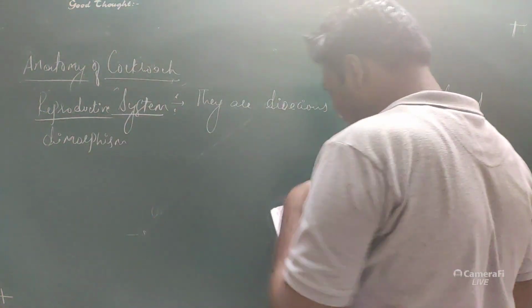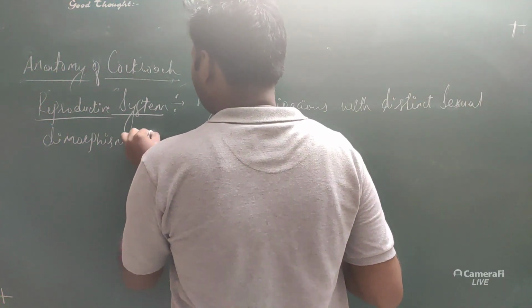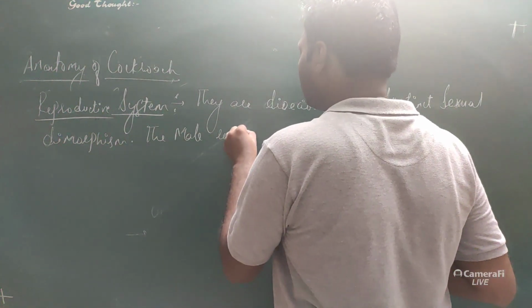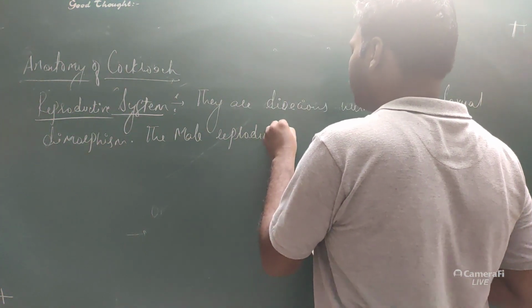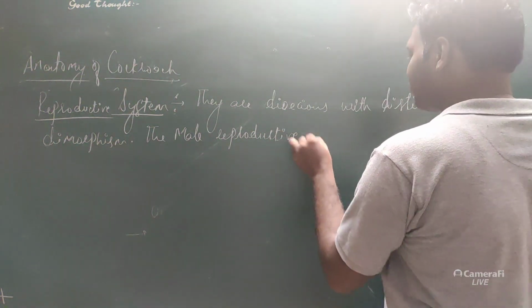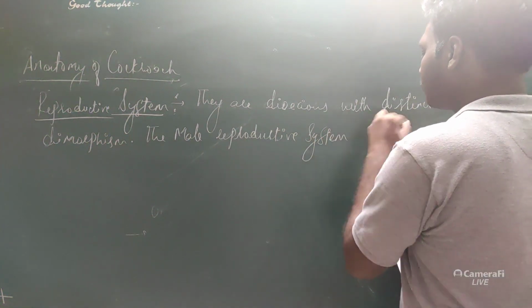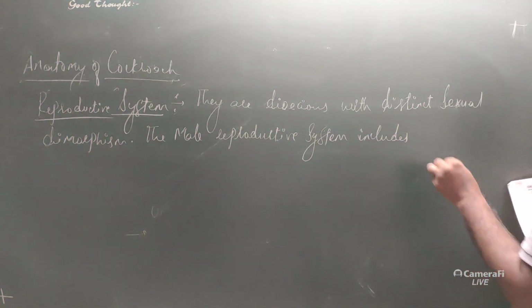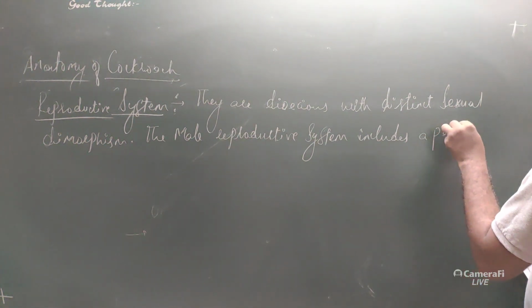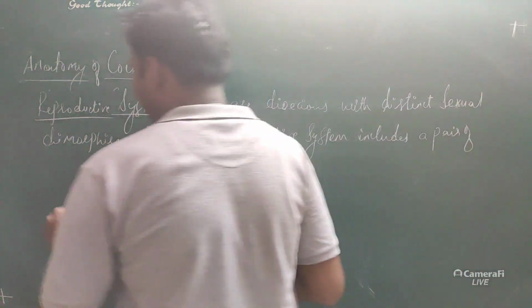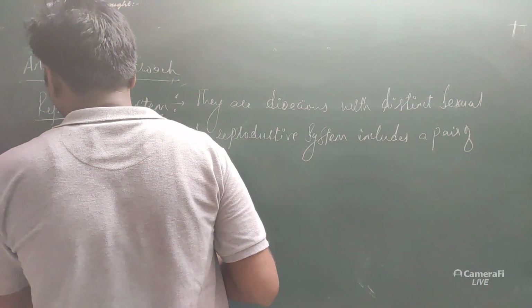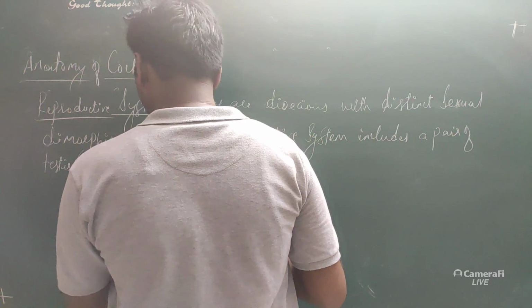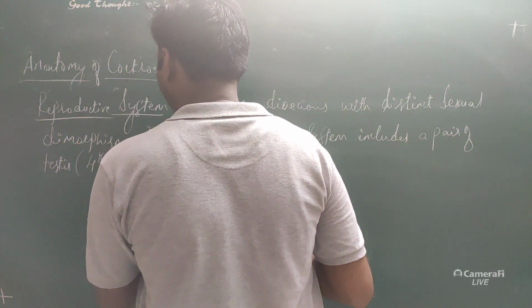The next, the male reproductive system includes a pair of testes at the fourth to sixth segment.